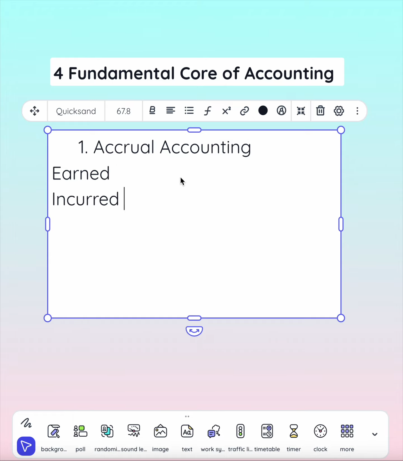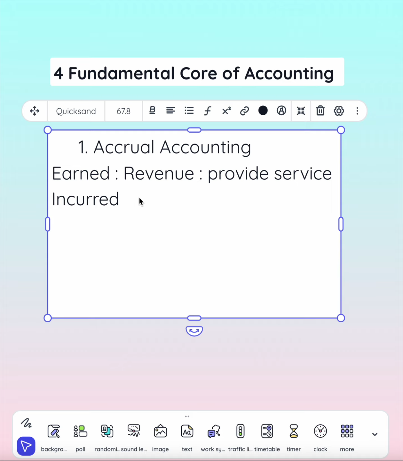So earned is like revenue. The key thing you have to understand is that revenue is recognized when it is earned. That is when you provide the service or deliver the goods, even if the payment is later.